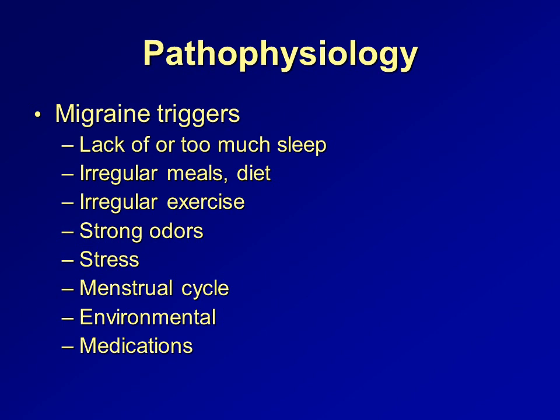Some of the common migraine triggers reported include lack of or too much sleep, irregular meals or diet, which includes alcohol, caffeine, chocolate, monosodium glutamate, tyramine, or nitrates in the diet, irregular exercise, either too much or too little, strong odors such as perfumes or fumes, stress or post-stress, menstrual cycle changes, environmental causes which might include noise, weather changes, high altitude, glare or lights, and flickering. And some medications can even be a trigger to migraines, including trazodone, oral contraceptives, and others.